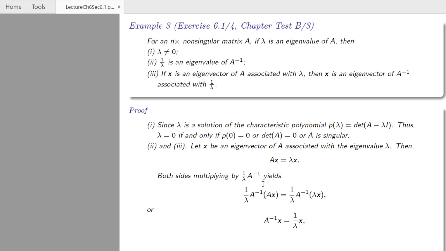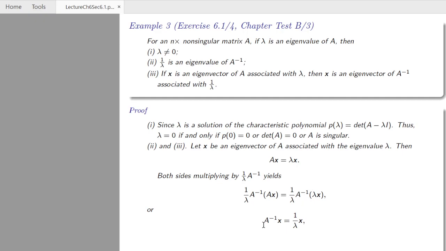We do the multiplication from the left side. A inverse times A is equal to I, so the left side becomes x. Then the right side equals 1 over lambda times lambda, and lambda and lambda cancel, so we get A inverse times x.